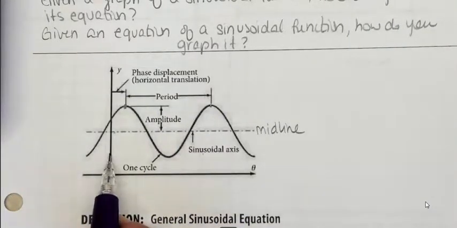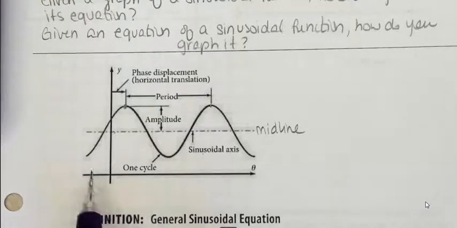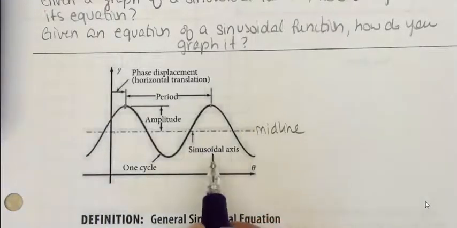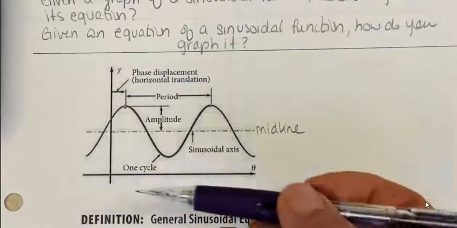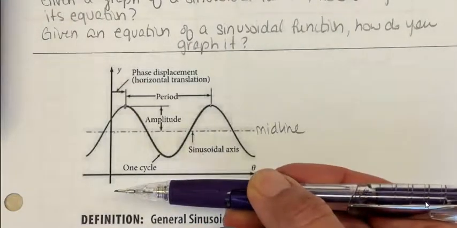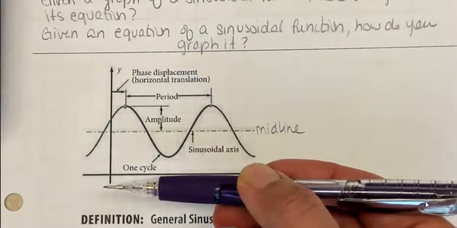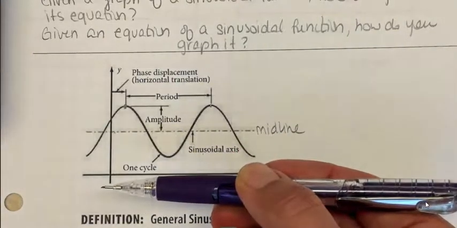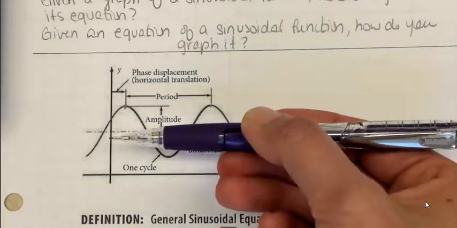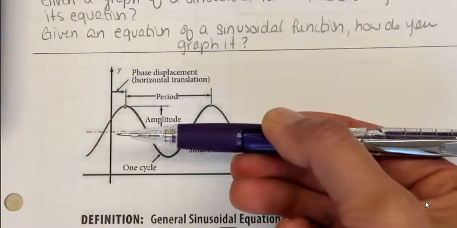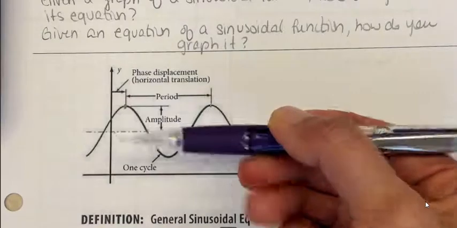So you go up 1 and then down to -1, and this midline has been your x-axis. So this midline, or the sinusoidal axis, ends up wherever you have vertically translated the graph. If you have vertically translated the cosine function 5 units up, then this midline ends up at y = 5.